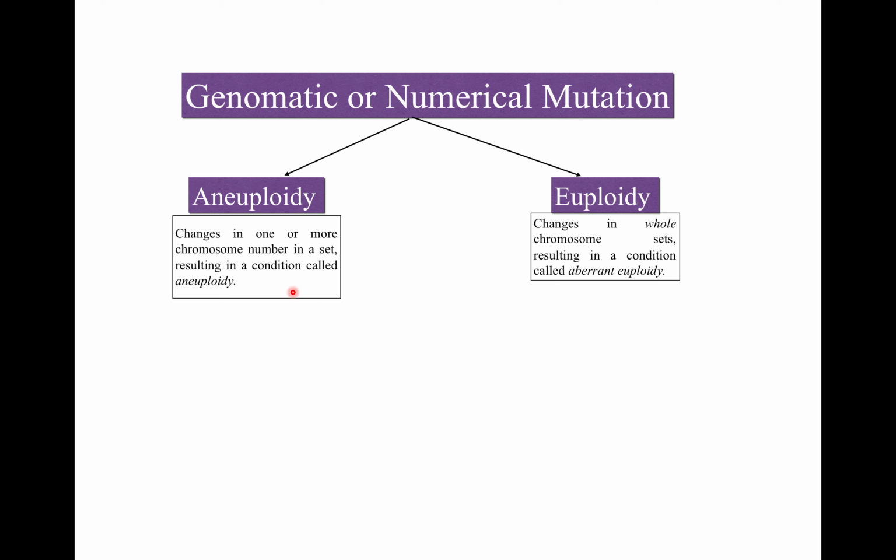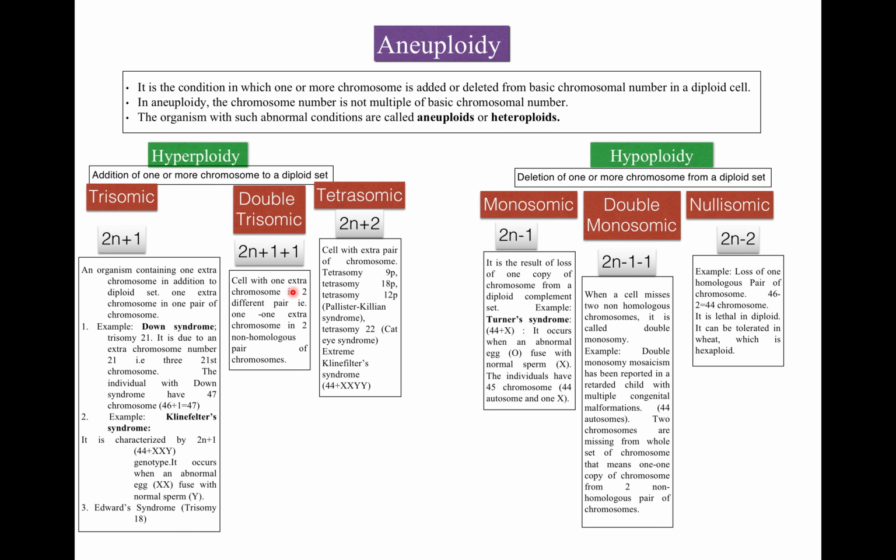So what is aneuploidy? Aneuploidy means changes in one or more chromosome numbers in a set of chromosomes. Euploidy means changes in whole chromosome sets. So aneuploidy is a condition in which one or more chromosomes are added or deleted from the basic chromosomal number in a diploid cell.